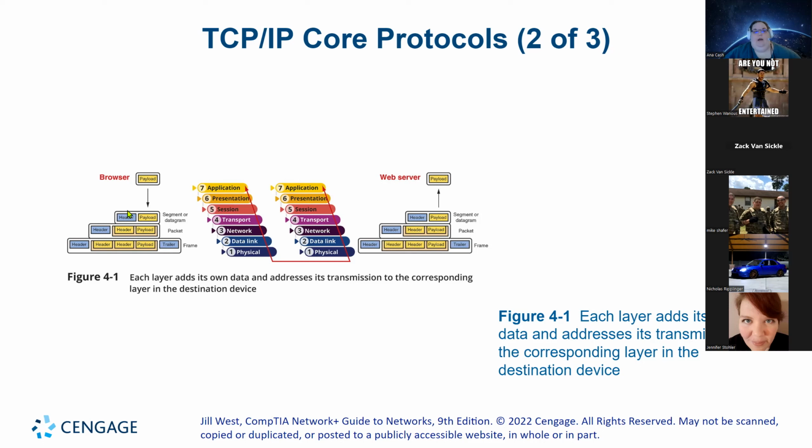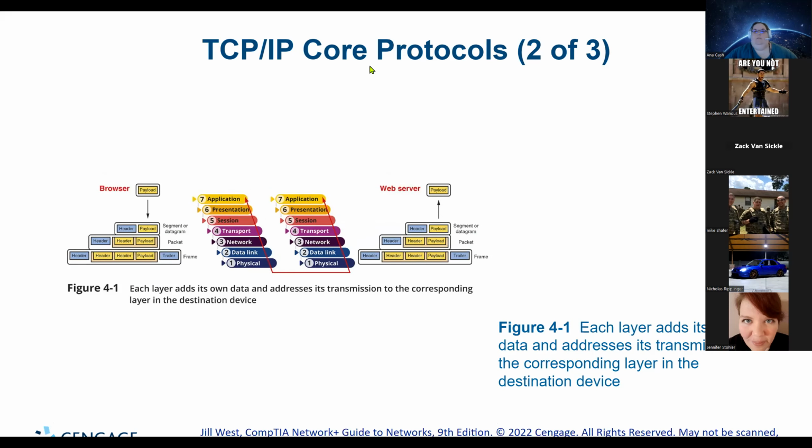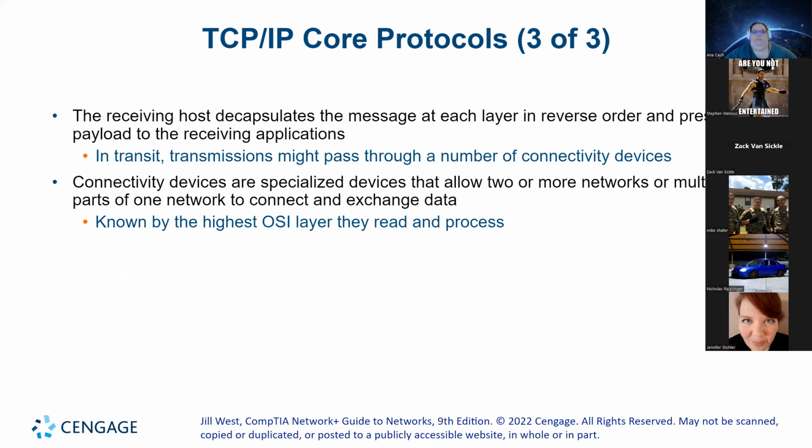You can see how everything gets added and surrounds it all the way down to the frame and then goes to the physical layer. Then the browser comes down, and it goes the opposite way for the web server. Does that make sense? Any questions on that? Okay. I think that's one that we've gone through a couple times.